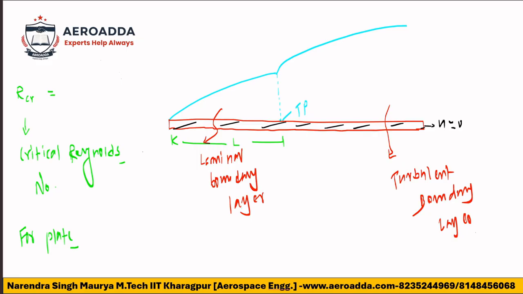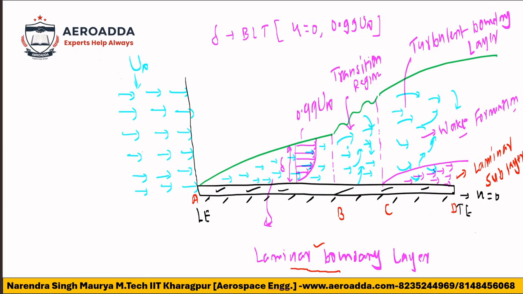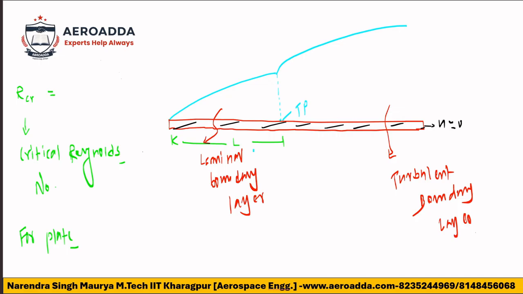Actually, it was a transition zone if you see the transition region, but I have made it a single point now because both laminar and turbulent flow exist there. But in terms of the flow, the point where the turbulent flow starts existing is nothing but the transition point, from laminar to turbulent.